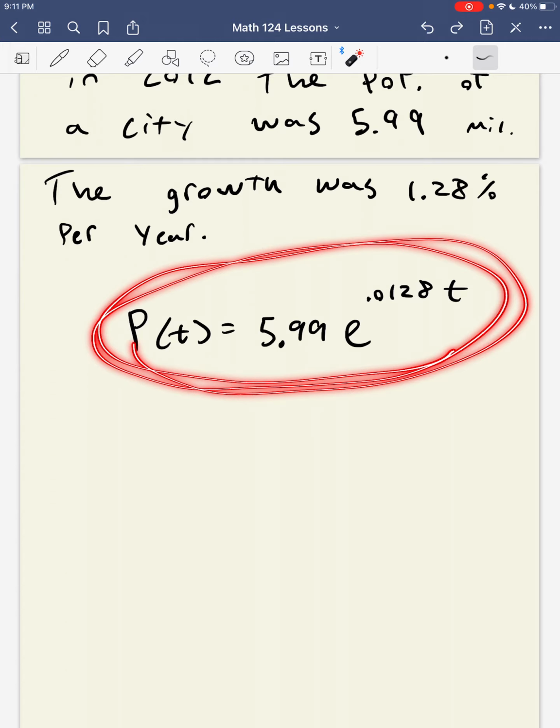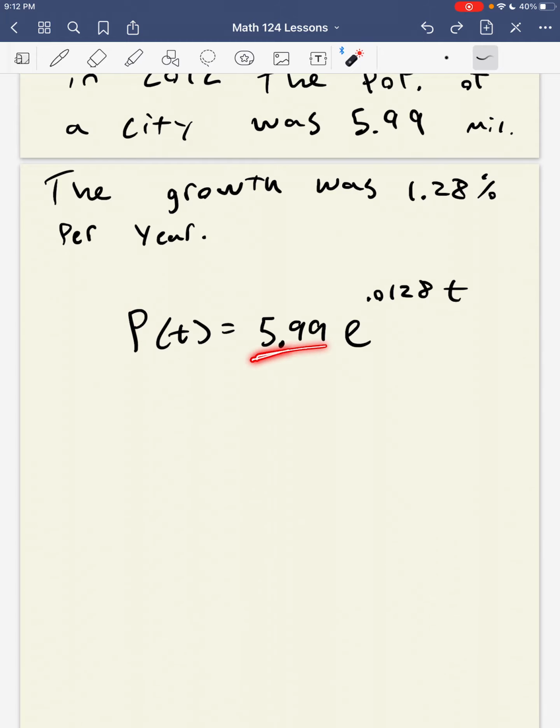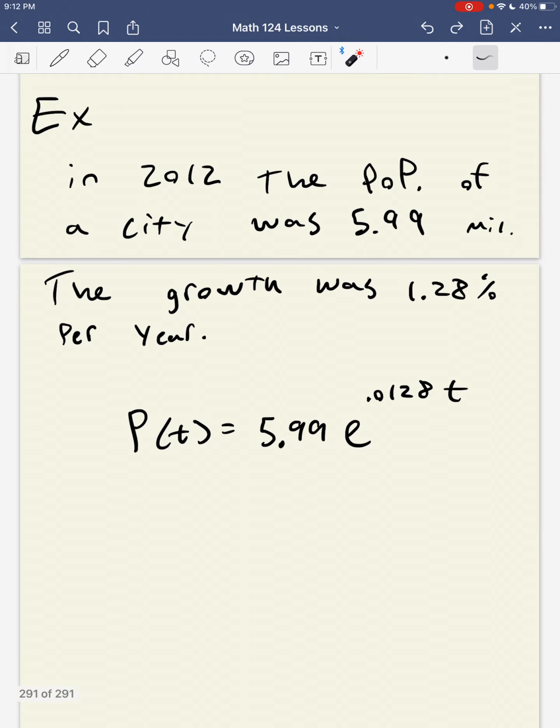Okay, now this will give us the population of the city in millions. This was 5.99 million. So for example, if we want to know the population in the year 2018, well, how do we do that? You have to be careful. This model starts at 2012, so 2018 is 6 years later.